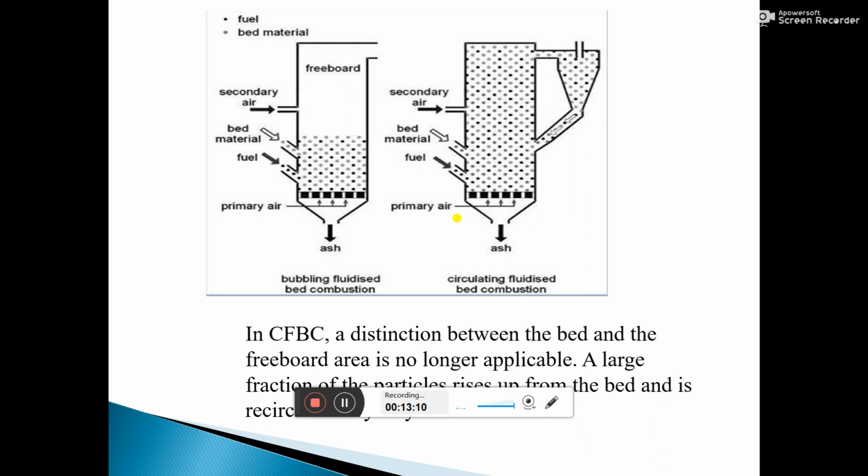From the figure, we can see that in a bubbling fluidized bed combustion, the fluidized bed is subjected to a flow of primary air, and that air bubbles through the bed material, or in this case coal actually, and then combustion takes place at the fuel side, and flue gases move upwards, and only flue gases go through the exhaust pipe.